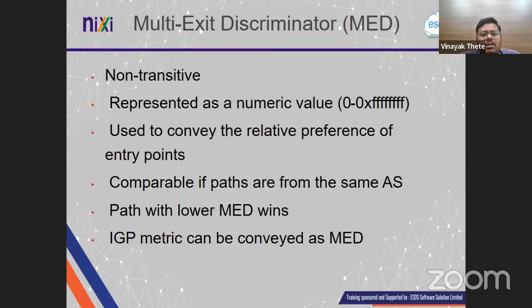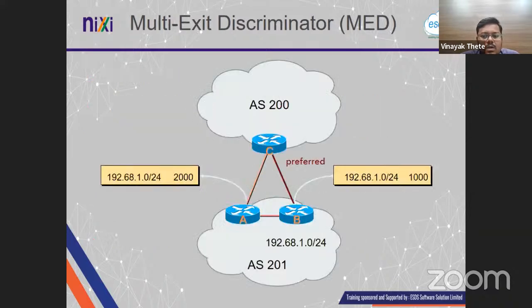Okay, so all these attributes can be configured in the export policy or the import policy for the specific BGP neighborship. This is the example for MED.